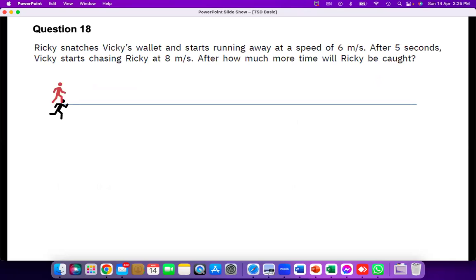Now, Ricky snatches Vicky's wallet and starts running away at a speed of 6 meters per second. After 5 seconds, Vicky starts chasing Ricky at 8 meters per second. After how much more time will Ricky be caught? What is happening here? Both are moving in the same direction.